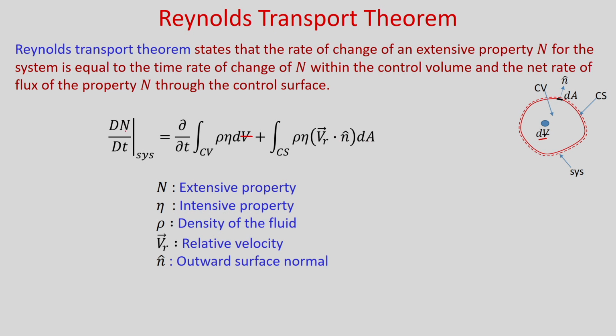So, in this case N is any extensive property, eta is the intensive property, rho is the fluid density, Vr is the relative velocity, and n is the outward surface normal.